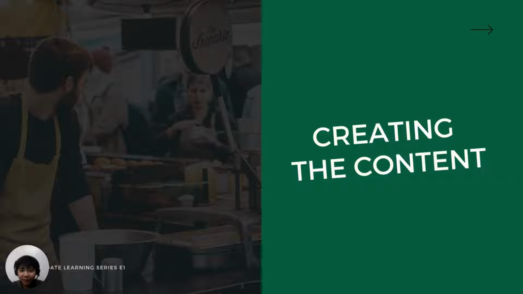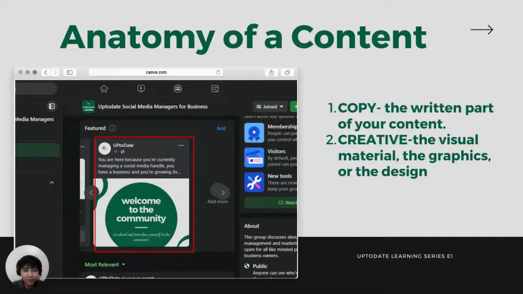Now, when you already have an idea of your topic, there you can start to create the actual content. In our next videos, I'll be showing you a demo of how to do it, but right now we have to start learning the process. Anyway, for information, you can see this on screen. The content is composed of two parts. We have the copy, or the captions, descriptions, and snippets.